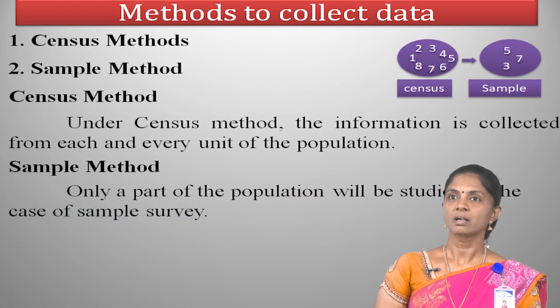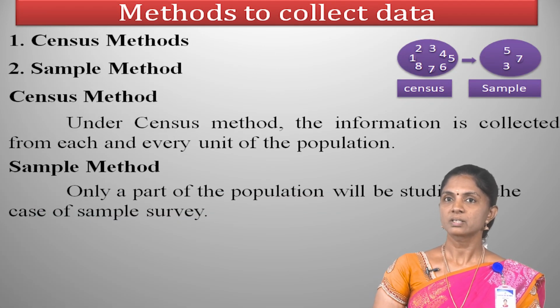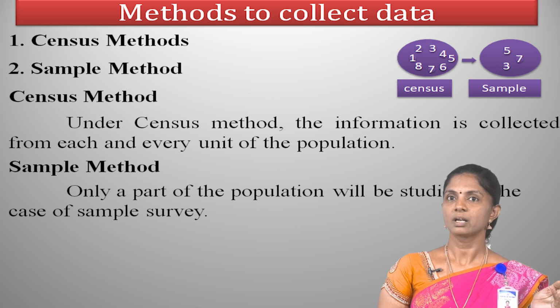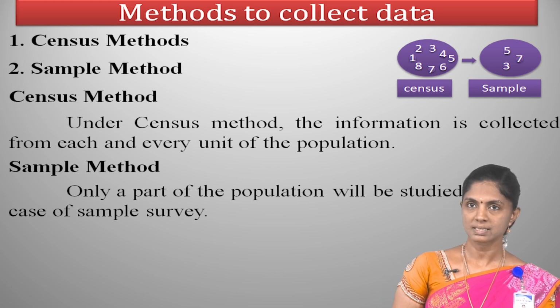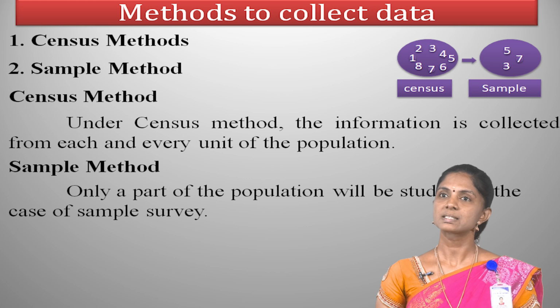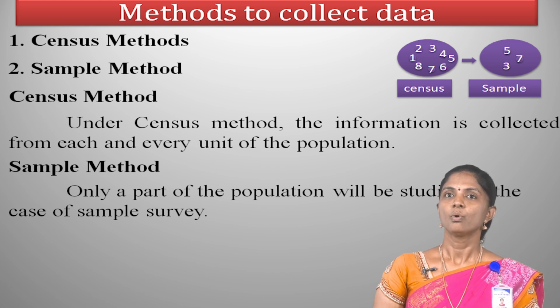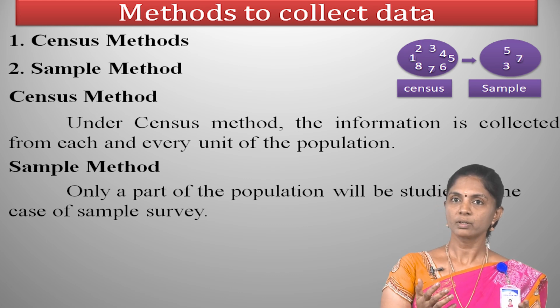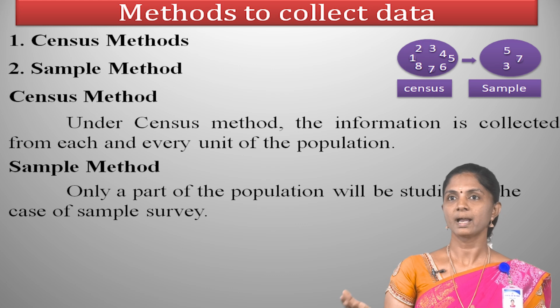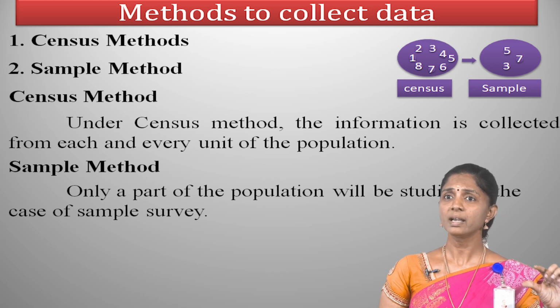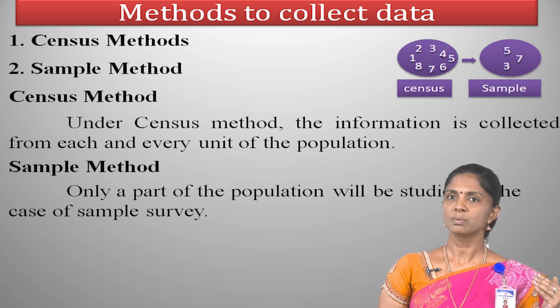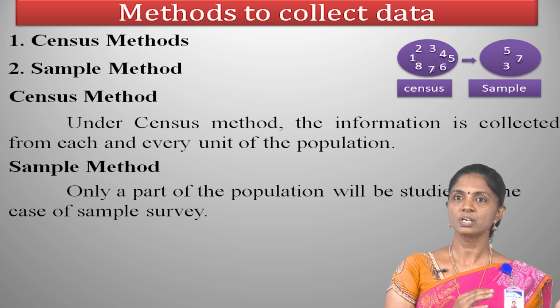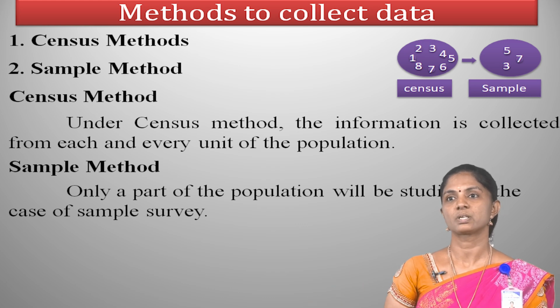Methods of data collection. For collecting data, there are two methods. One is the census method, another one is the sample method. Now, I am going to explain what is the census method and the sample method. Under the census method, the information is collected from each and every unit of the population.